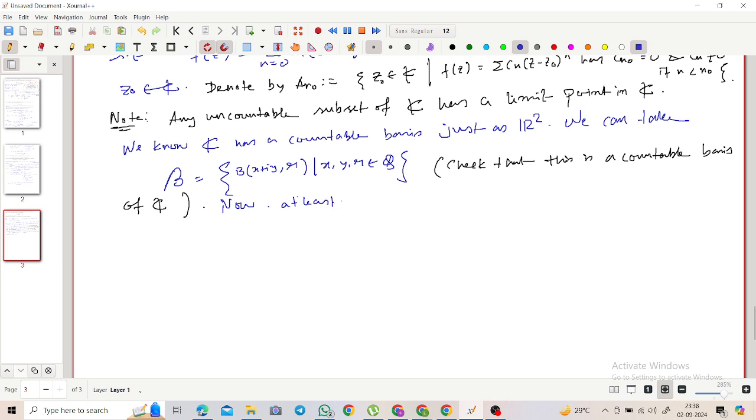So at least one of the balls have uncountably many elements of C.